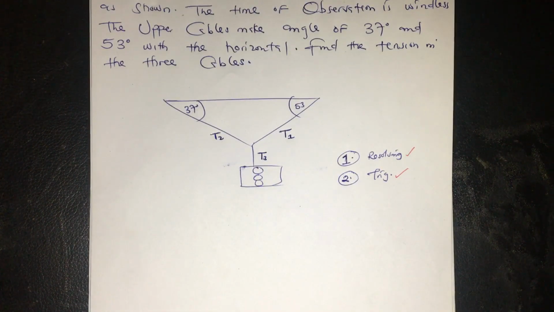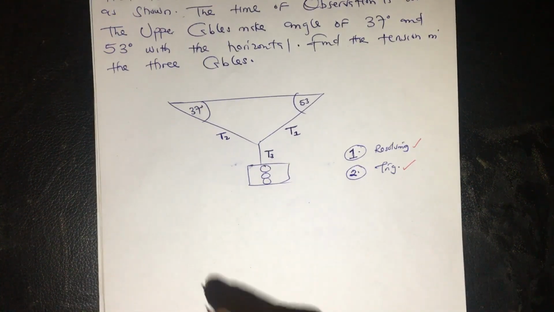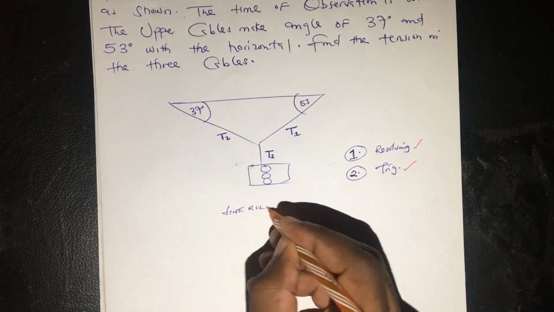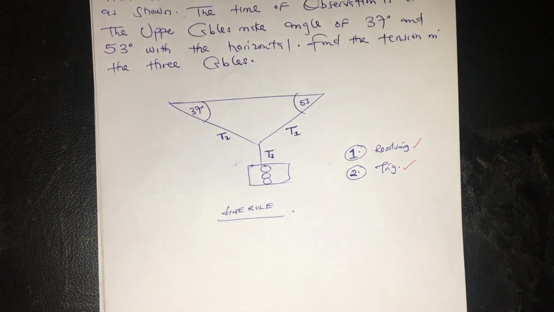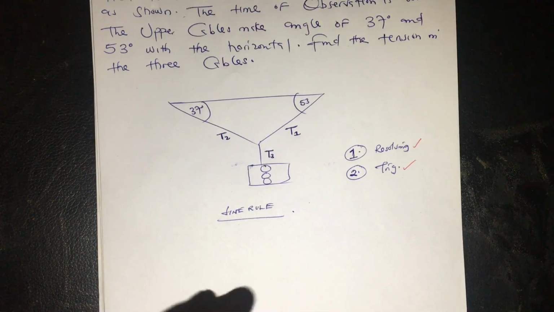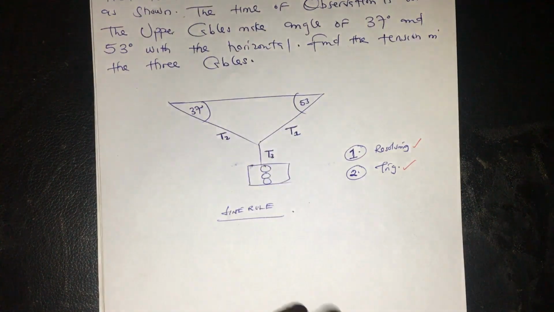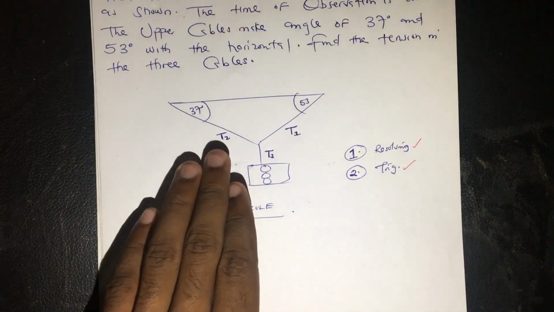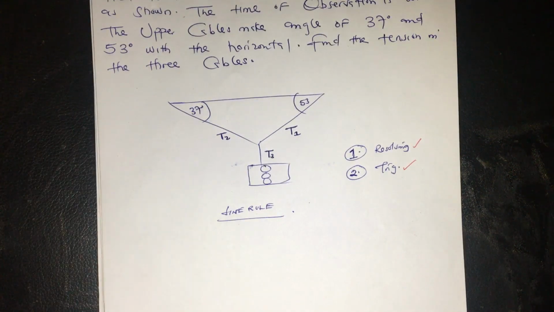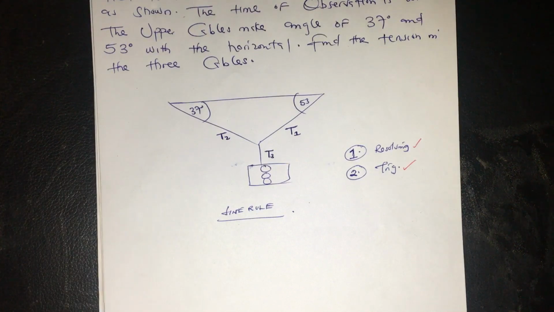The formula that we apply here is the sine law. So from the trig we get only the sine law, and then we apply the sine law to this question to solve for the tensions. You know that the tension is the force applied in the cable or in the rope.